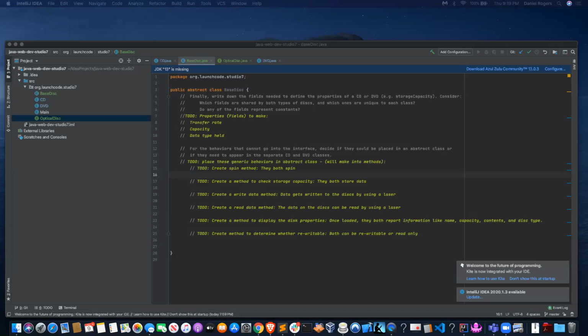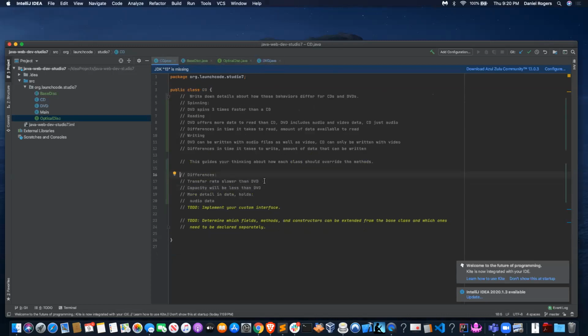If you're implementing them and the base disk is using it, then they can be used in the other CD child classes. Right, right. Okay.